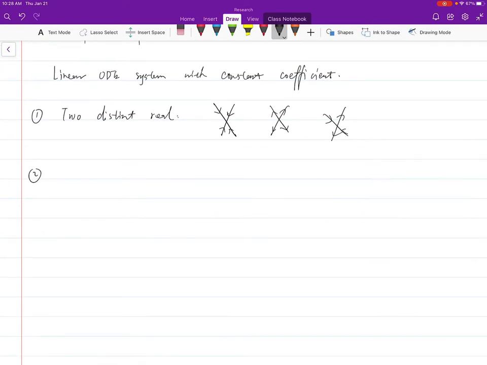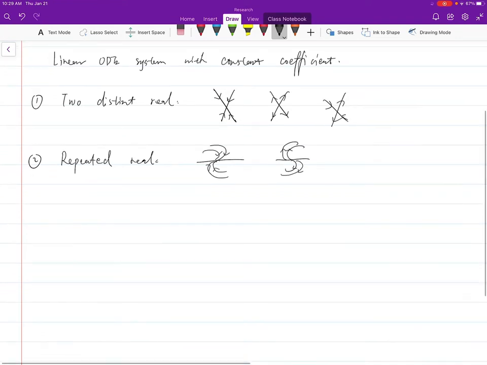The second one is we can have one repeated real eigenvalue. That gives us something like this, or something that goes out. Again, it depends on if lambda is bigger than 0 or less than 0.